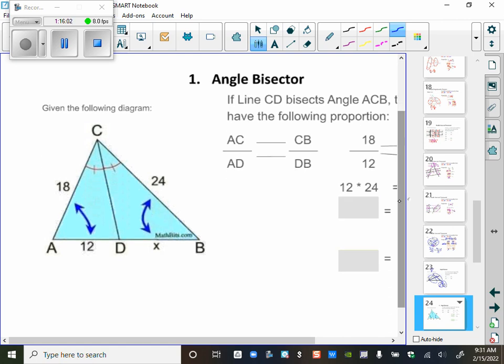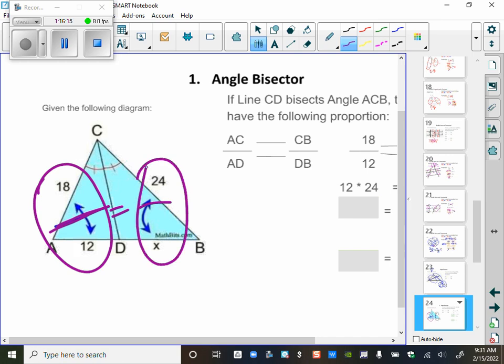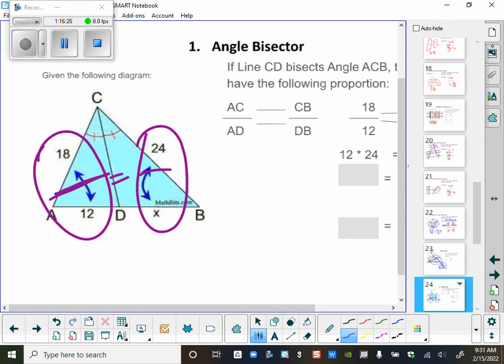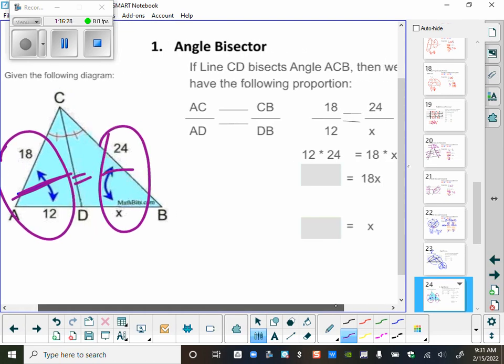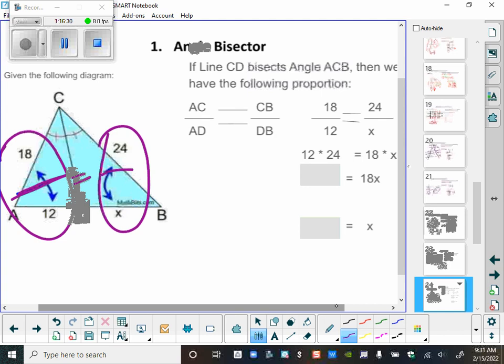Basically, this one, actually, boom. There you go. There's your proportion. So yeah, even if it's up and down that triangle.